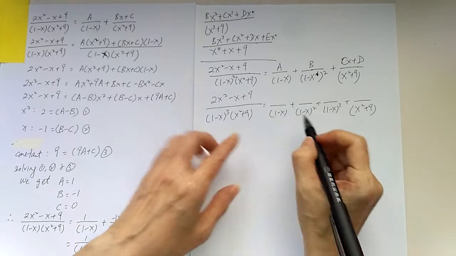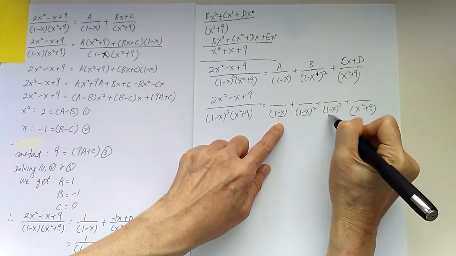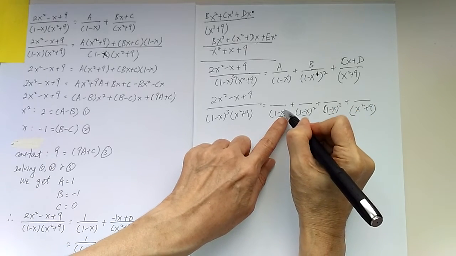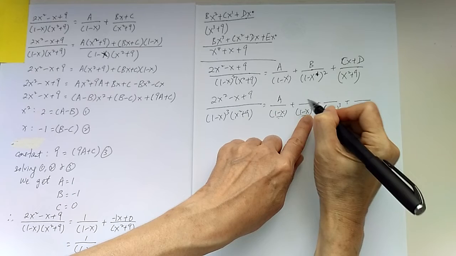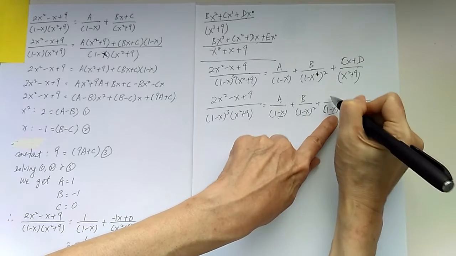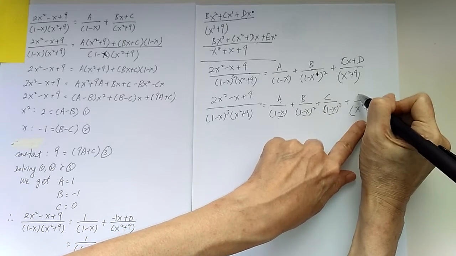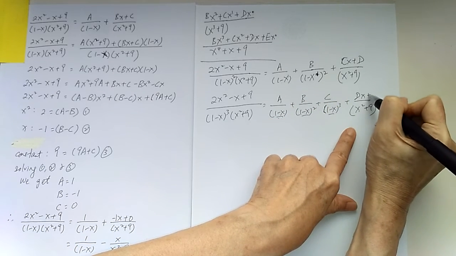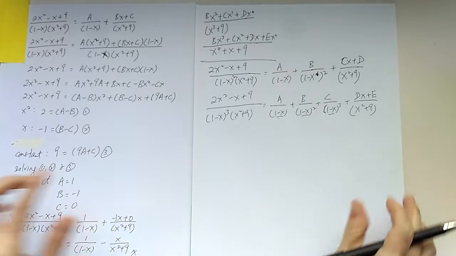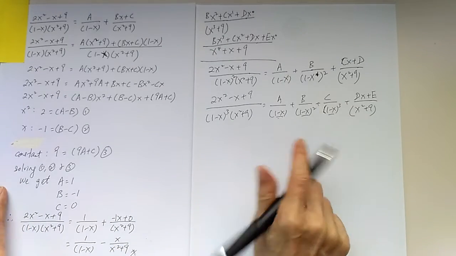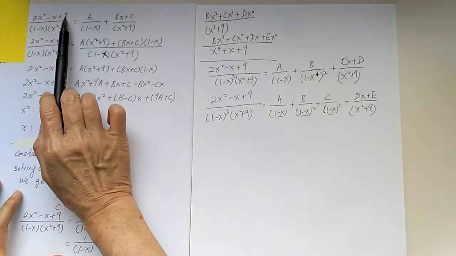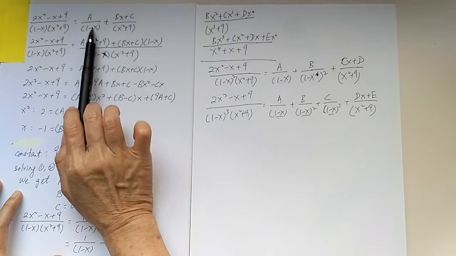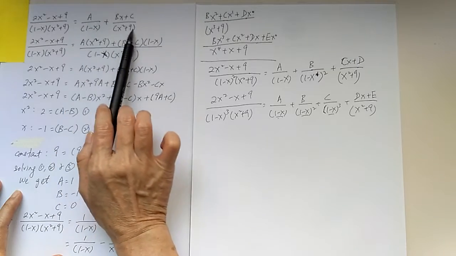Okay, so then you look at the inner. The highest power is 1, so this is a constant. The highest power is 1, so B, C. And then for this one, we try not to use the same letter, so use Dx plus E. So this is how we break down a more complex fraction into a few simplest fractions.